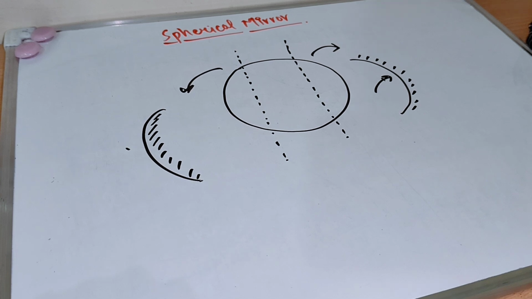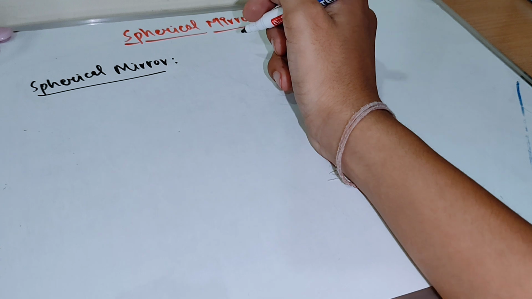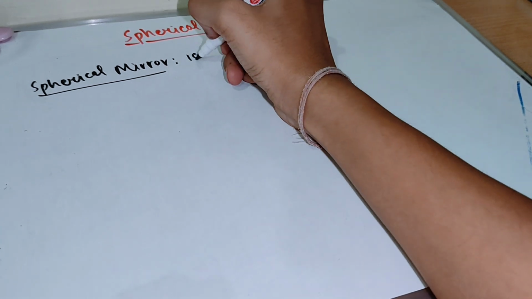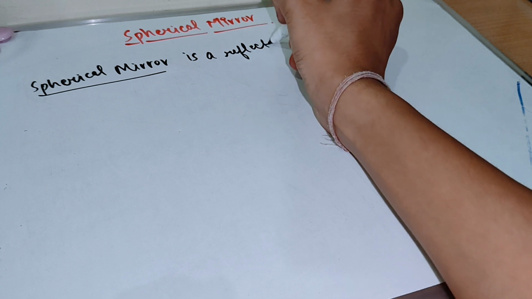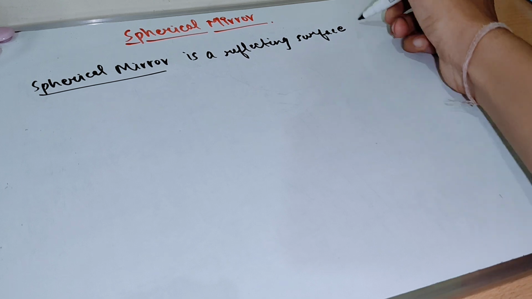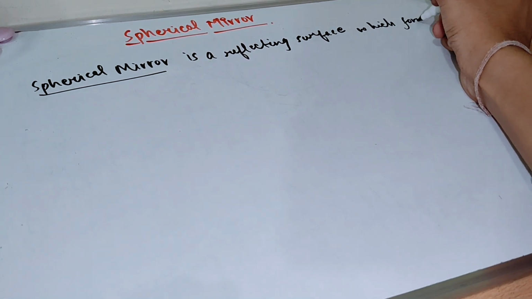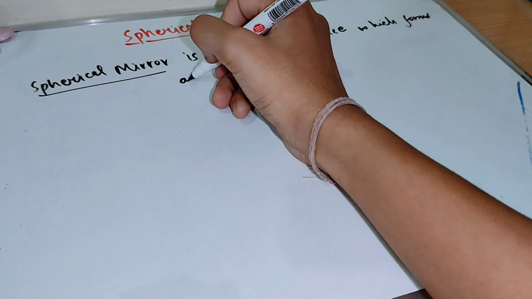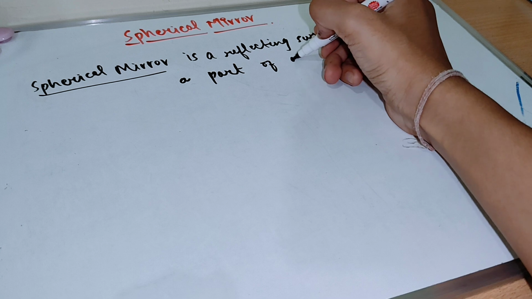Let us understand the use of these. So we got to know that a spherical mirror is a reflecting surface which forms part of a hollow sphere.